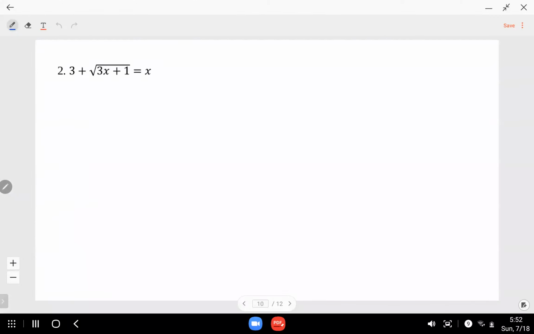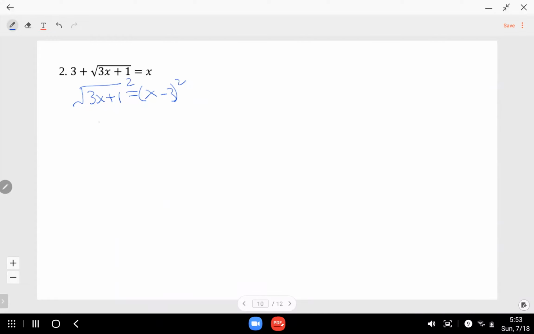All right, let's do this. This is going to be a quadratic equation, because we're going to square things. There's a square root, so naturally, try to get rid of it. Move 3 to the side. So it's going to be the square root of 3x plus 1 equals x minus 3. And then let's square both sides, because we don't want that square root.